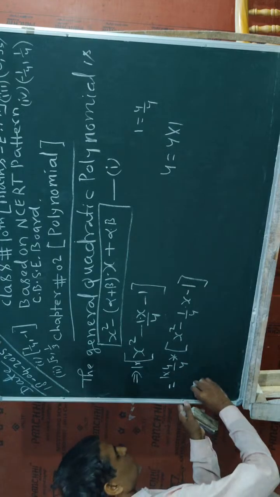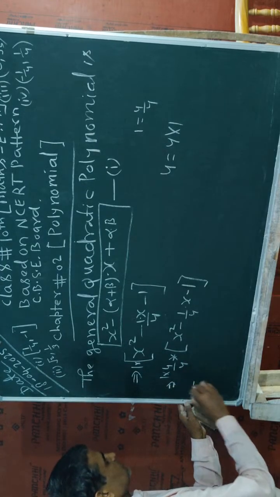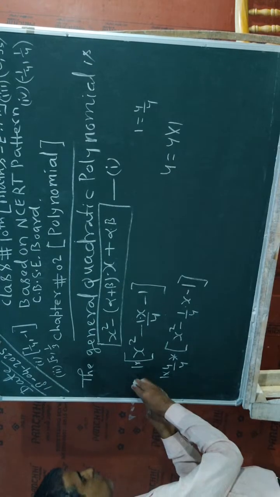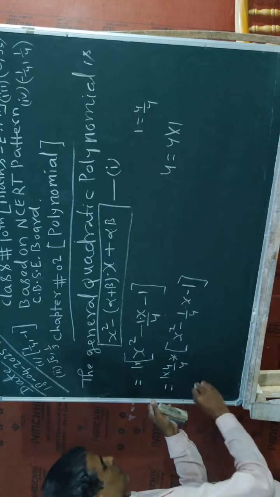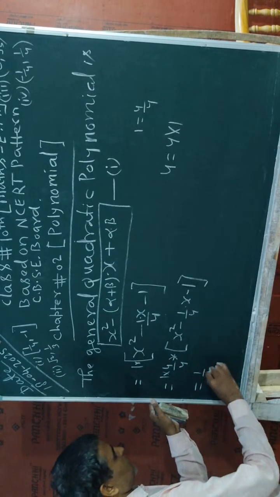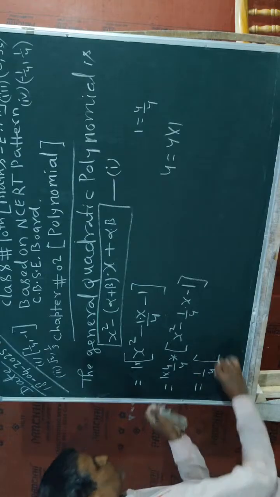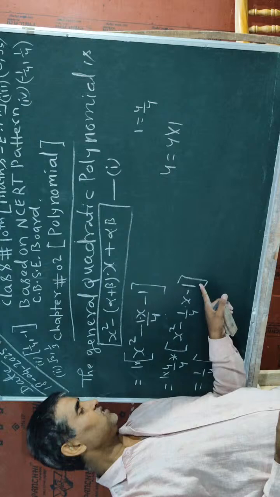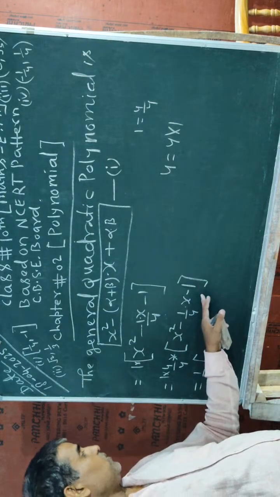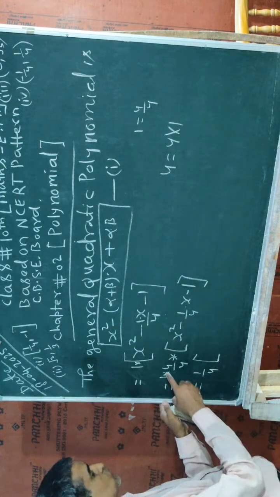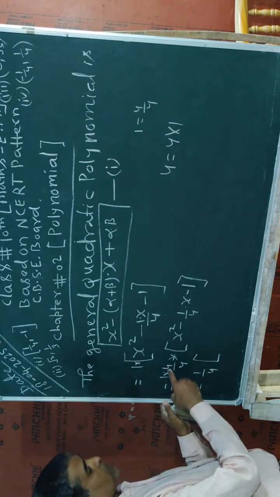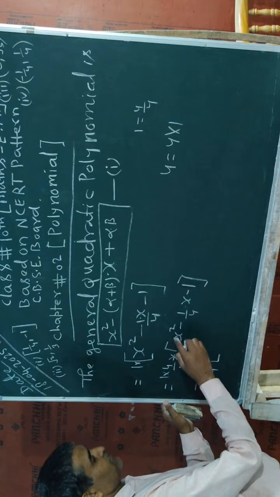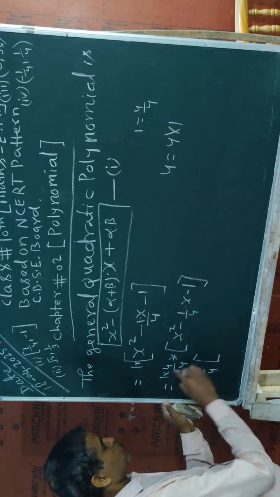Okay students, so next is information. Next information I am also going to tell you. You have to put here 1 divided by 4, and you multiply 4 with this term, and also this term, and also this term, because this is the way to multiply. Okay students, so this 4 I am going to take inside the bracket, and I will multiply each term with 4.